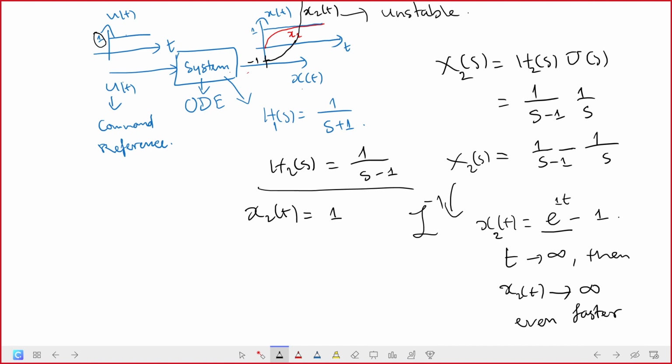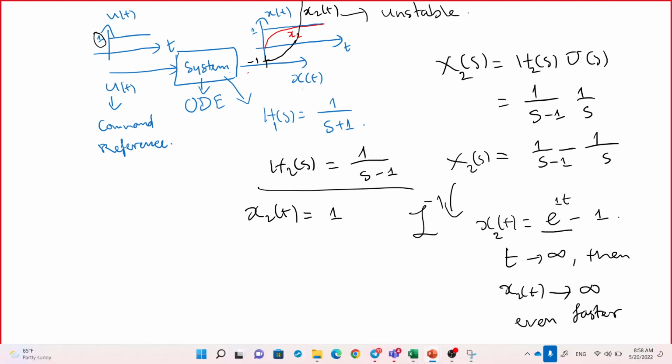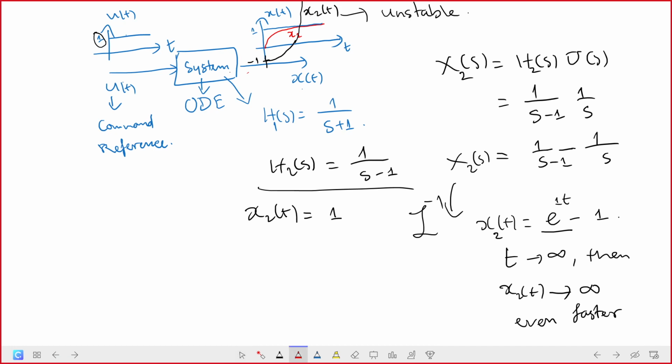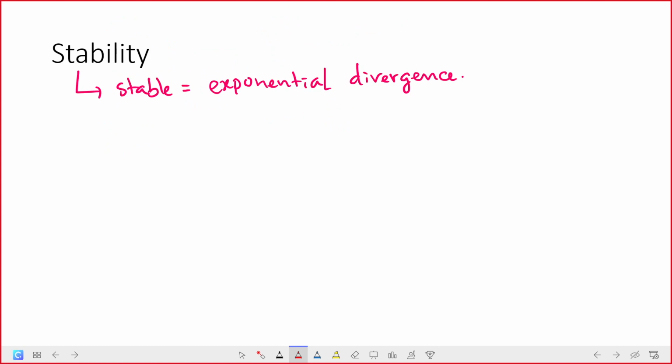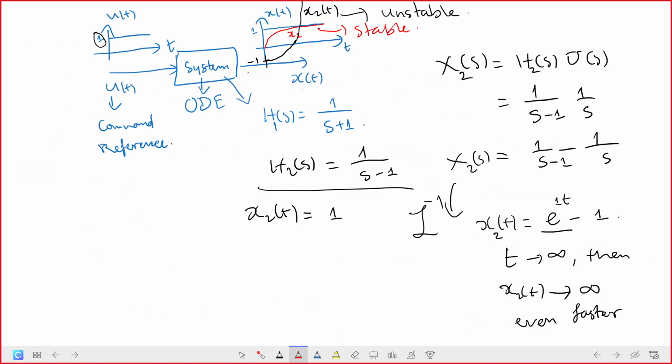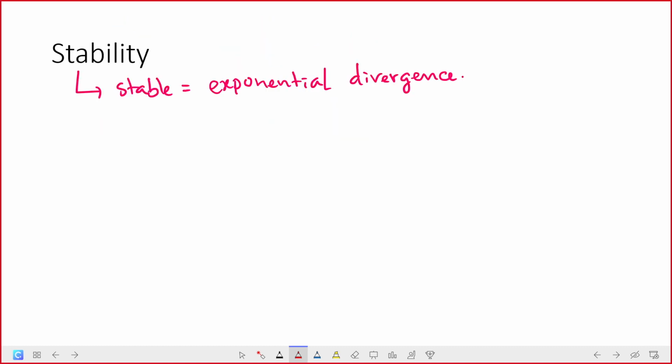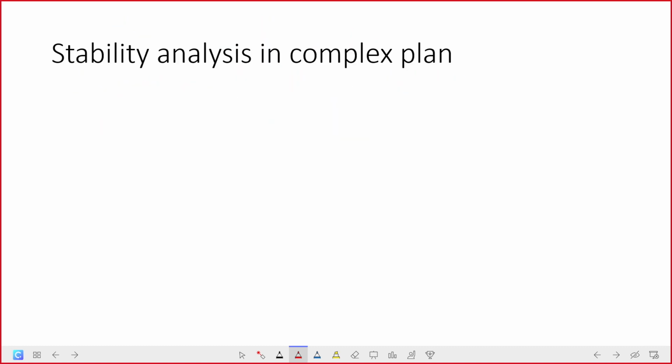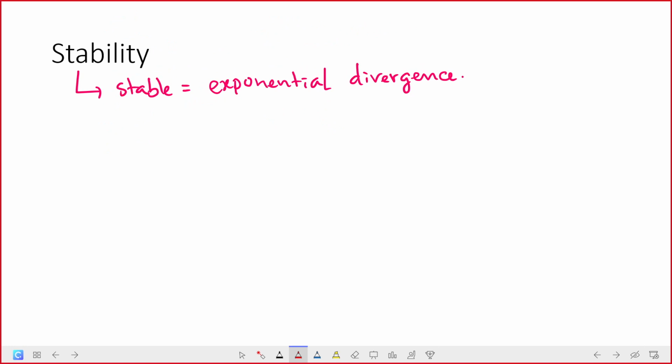The red one is stable, exponential convergence. And this one is divergent, unstable.